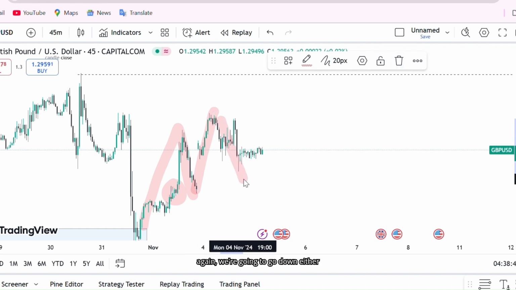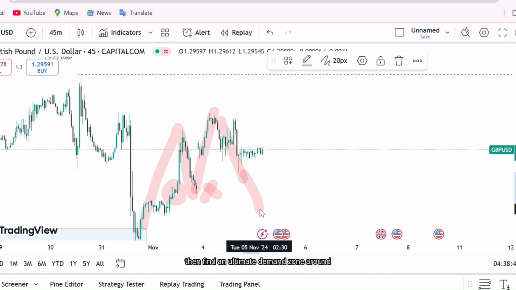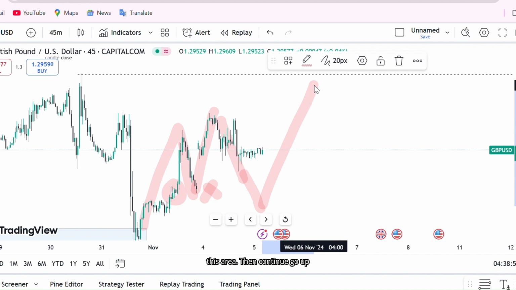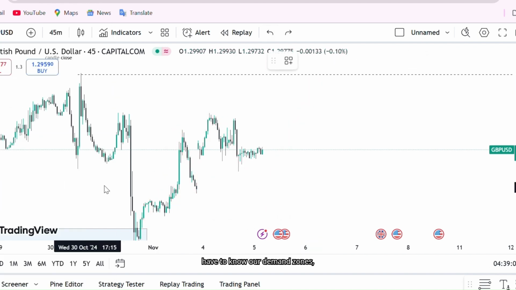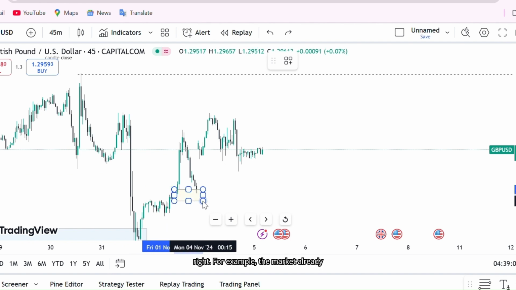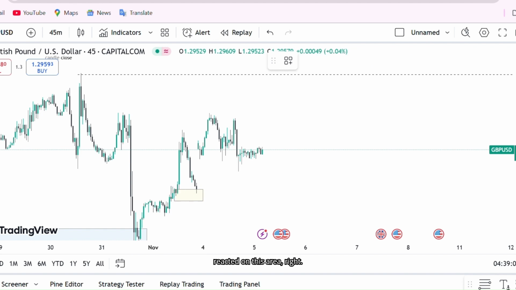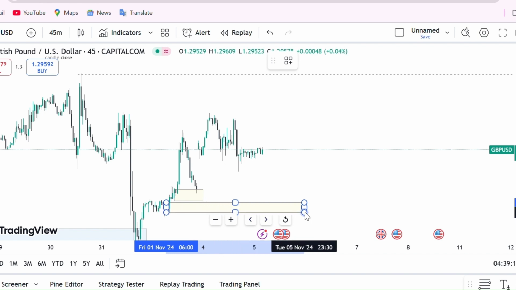Again, we're going to go down. Either we are taking this low and then finding an ultimate demand zone around this area, then continue going up again. I must say that we have to know our demand zones, right? For example, the market already reacted on this area, right? And also we can pick this as our demand zone as well, right?